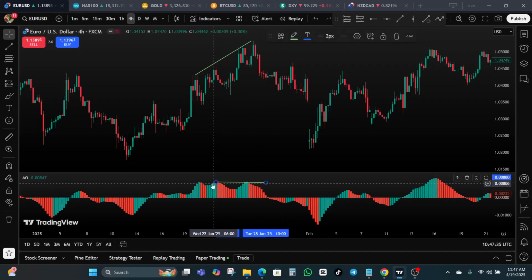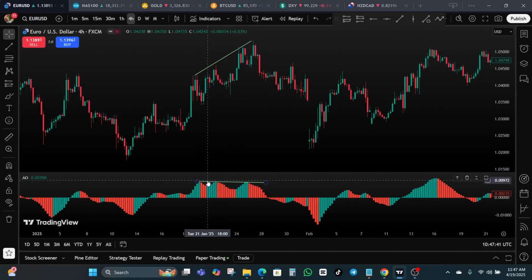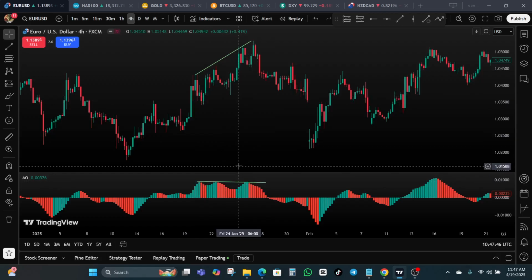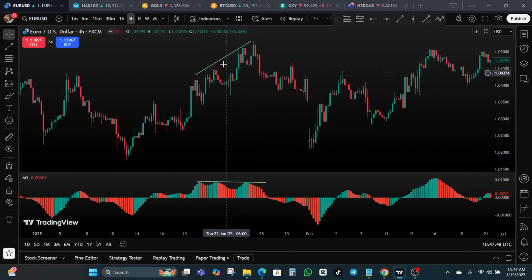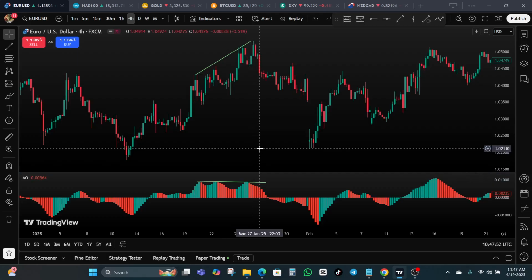This is not the perfect example, but just for the sake of time, so we don't start searching for a perfect one, you can see the slope is gentle. There is actually a lower high here. So basically, when price makes higher highs and the Awesome Oscillator makes lower highs, it is a bearish divergence.